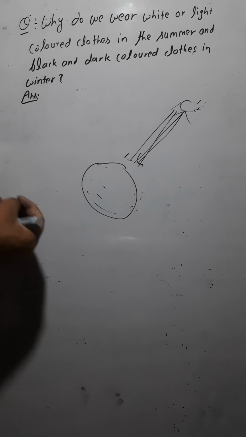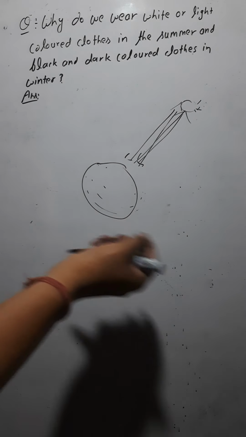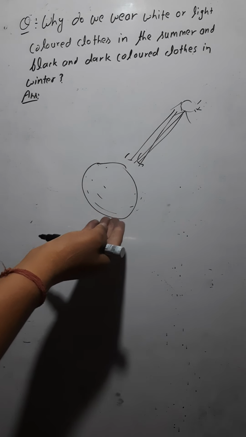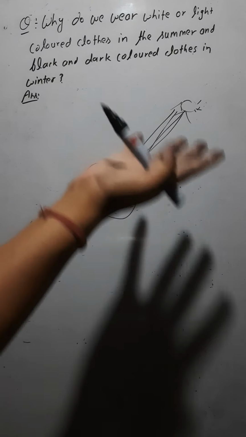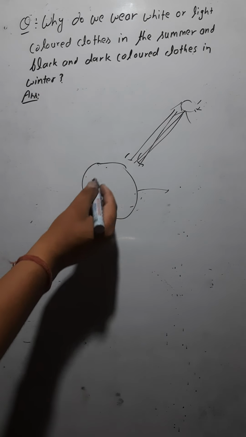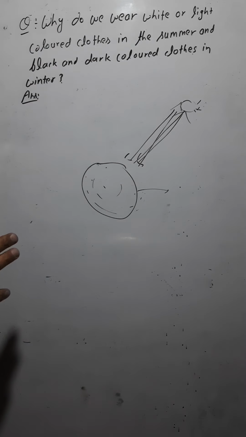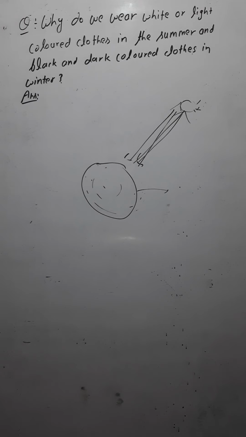Rather than absorbing, they would reflect it. If they are reflecting the heat, then you would not feel hot. So that is why it is recommended to wear lighter clothes during the summer and dark clothes during the winter season.